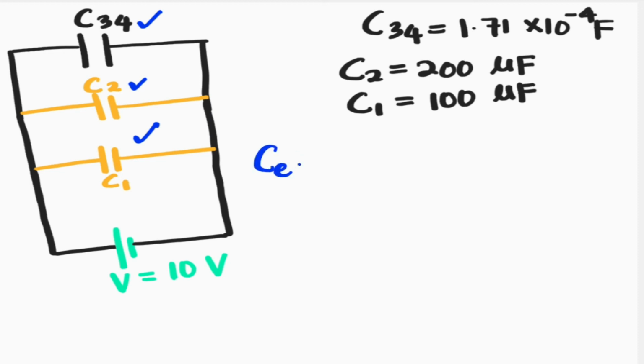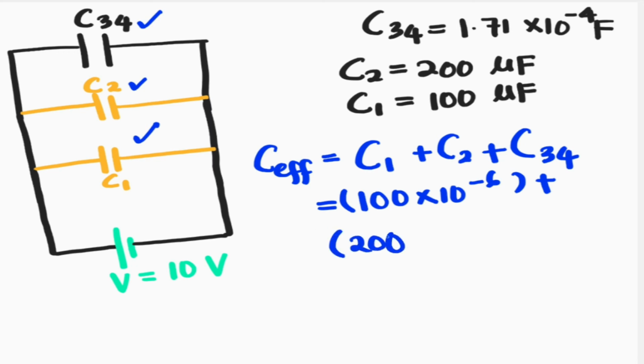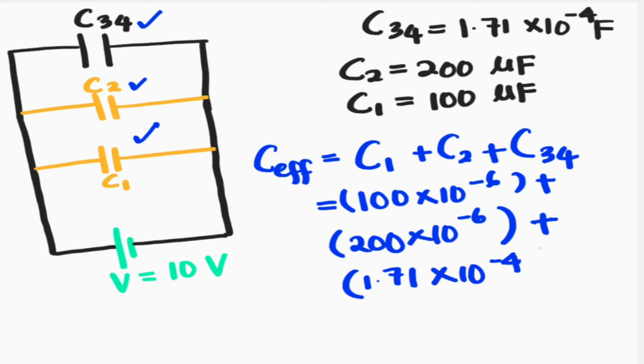So the effective capacitance is C1 plus C2 plus C34. Substitute all values. C1 is about 100 microfarad, so 100 times 10 to the negative 6, plus C2, which is 200 times 10 to the negative 6 farad, plus C34, which is 1.71 times 10 to the negative 4 farad.